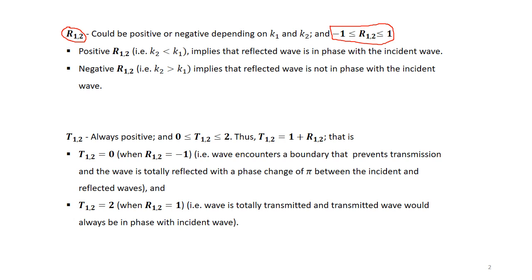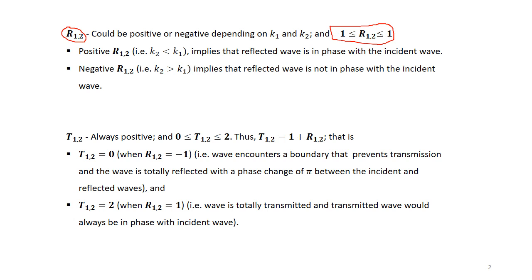When that happens, it implies that the reflected wave is in phase with the incident wave. Anytime you have a positive reflection coefficient of amplitude, the reflected wave is in phase with the incident wave. That is, the phase angle between the reflected component and the incident component is 0.